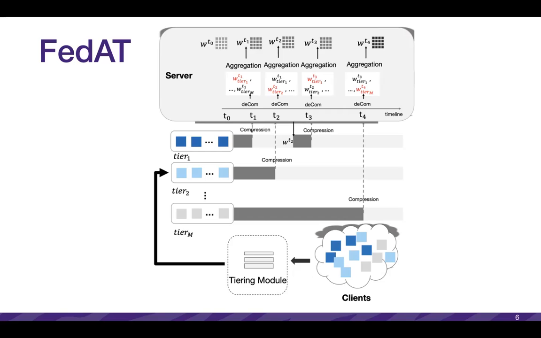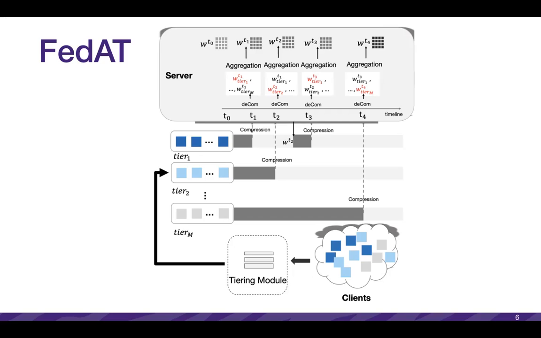And then the server does the decompression, and the server can use the local models from the clients in tier 1 to generate the tier 1 update. You can see the red one, W tier 1 at T1. And then the server can use all of the tier models to generate a global model.